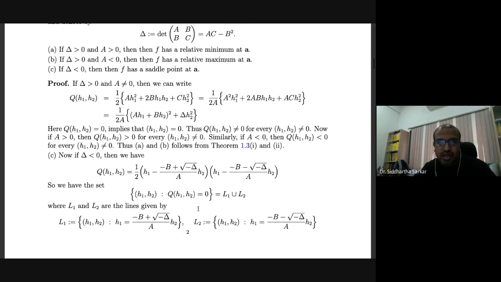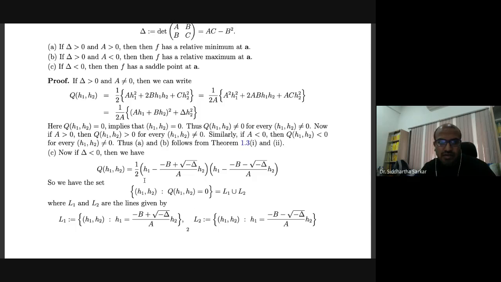Therefore, the set of points (h1, h2) where the quadratic form vanishes, I can simply write as L1 union L2, where L1 and L2 are these two lines given by these two factors. So either the first factor is 0 or the second factor is 0. These two represent two distinct lines passing through the origin. Therefore, only on those two lines will I possibly have the quadratic form equal to 0.